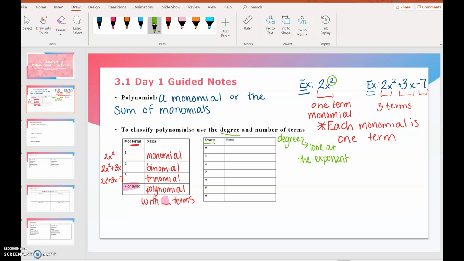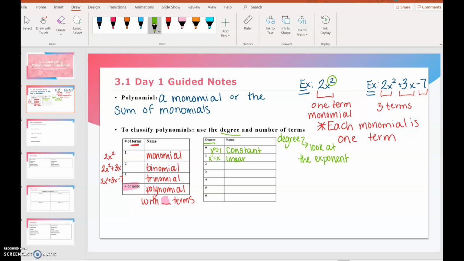If you have a 0 degree, like x to the 0, that equals 1. And this would just be a constant, so it would be a horizontal straight line. And then x to the 1 would just be x, and that would be called linear. So it's going to be a diagonal line.